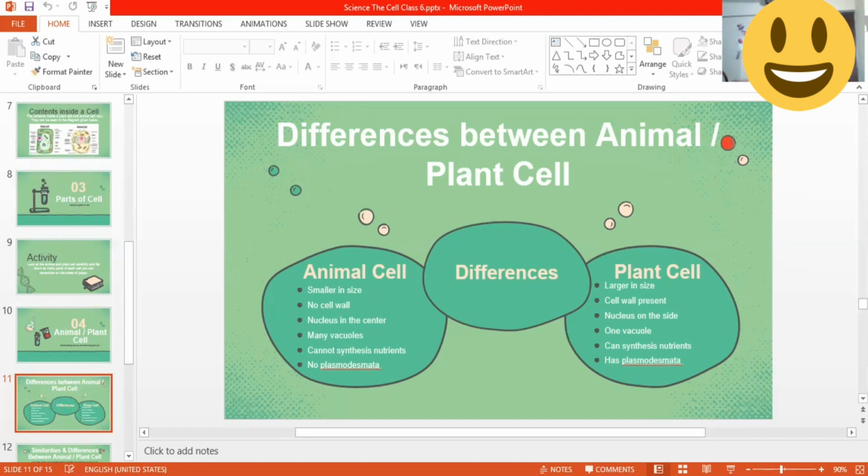If somebody asks you what are the differences between animal and plant cell, you need to know these basic differences. और सबसे मेन डिफरेंस जो है वो शेप का हमें दिखता है, जो हमने चार्ट में देखा.